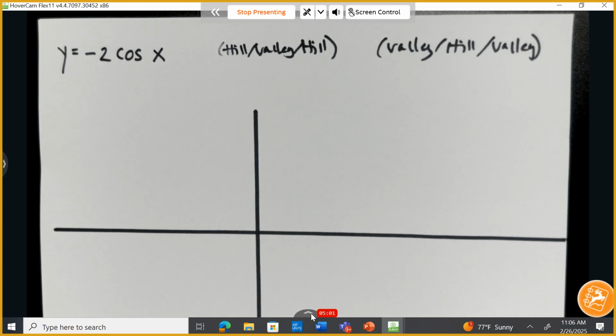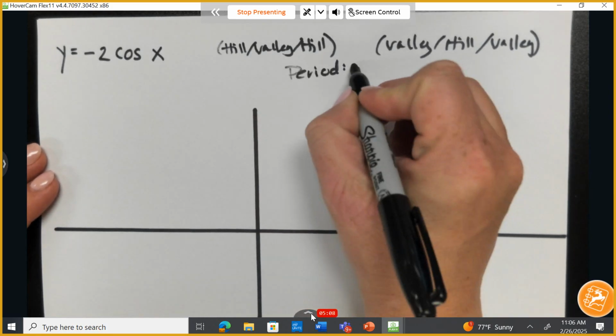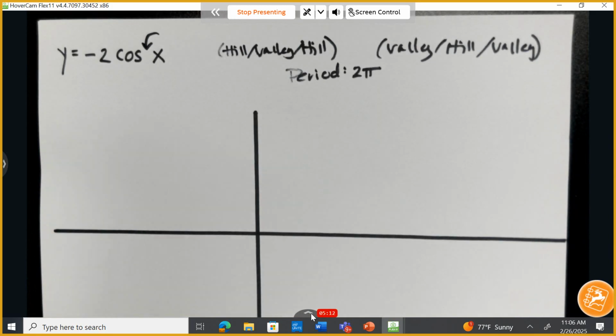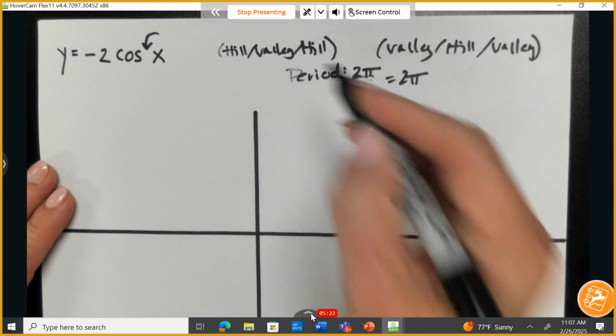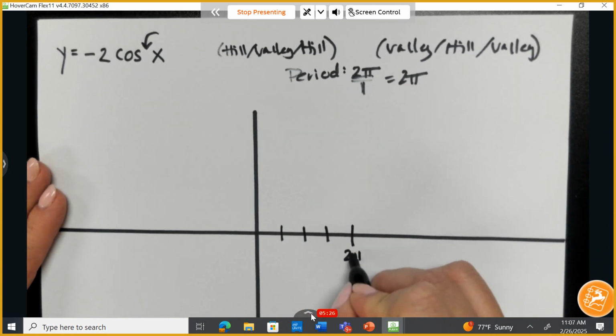So the first thing we're going to do is find out what the period is. We're going to take 2 pi and divide it by whatever is directly in front of the x. Now, many of you are going to say there's nothing there. Who can tell us what's actually there? It's a 1. So 2 pi divided by 1 is simply 2 pi. So after 4 steps, we're going to be at 2 pi.